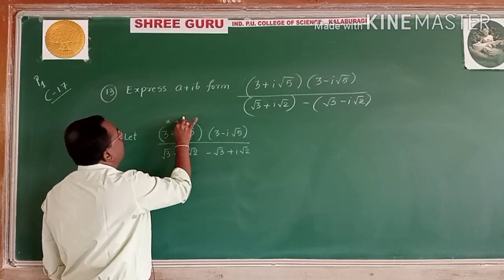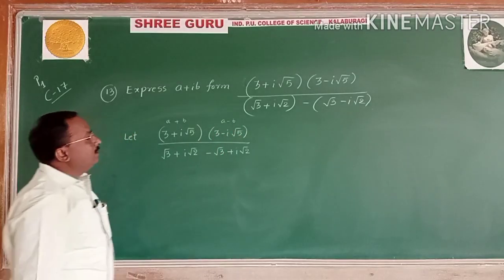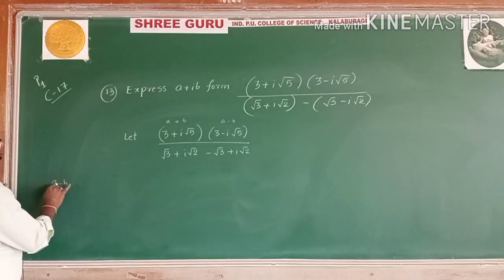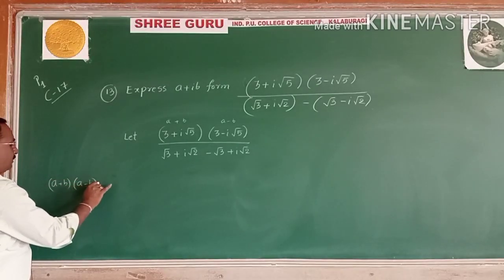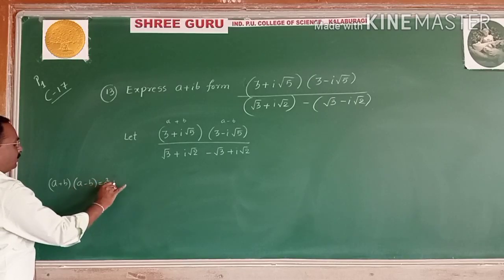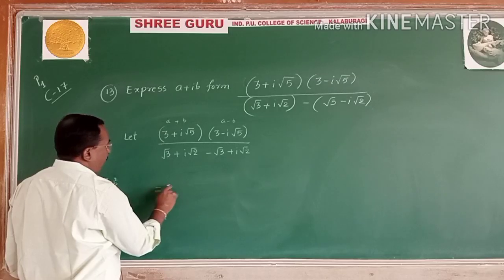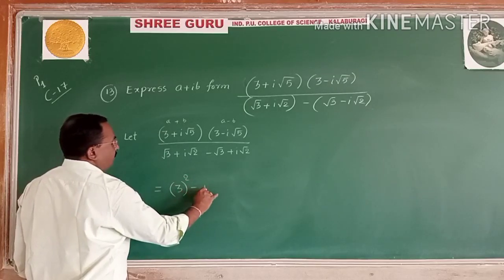This is in the form of a plus b, and this is in the form of a minus b. We know that a plus b into a minus b value is a square minus b square. This can be expressed as a square minus b square.